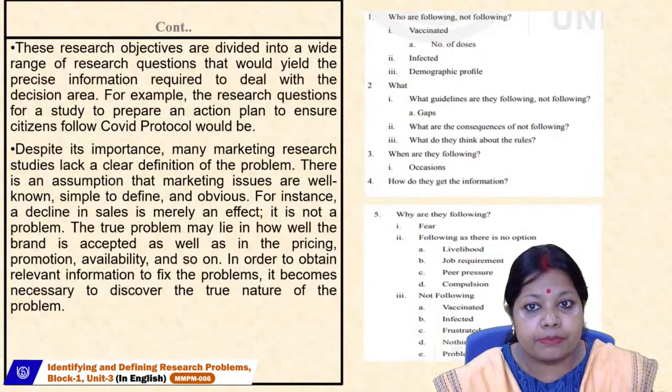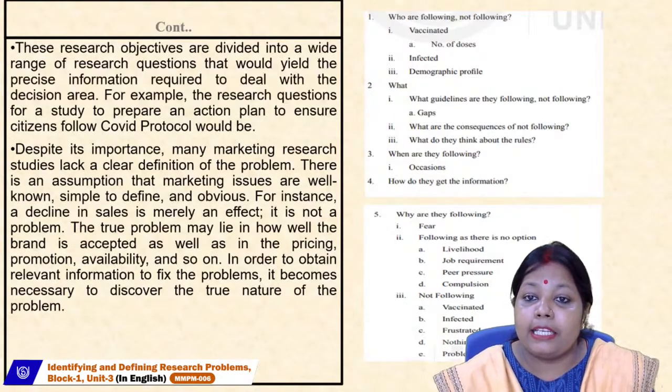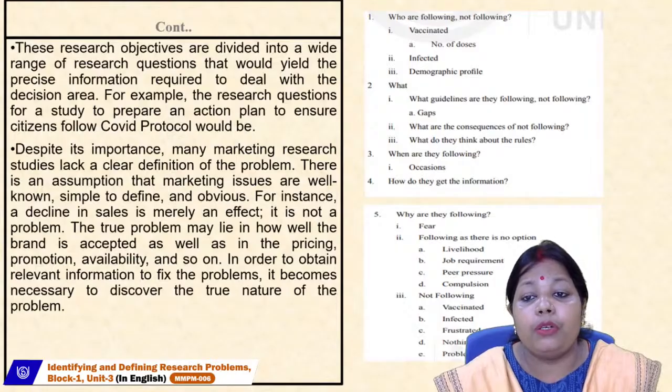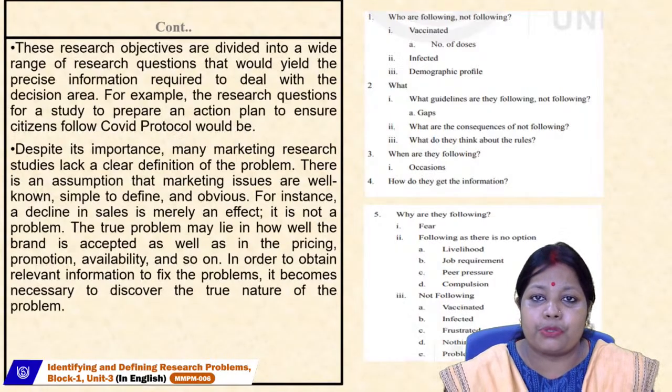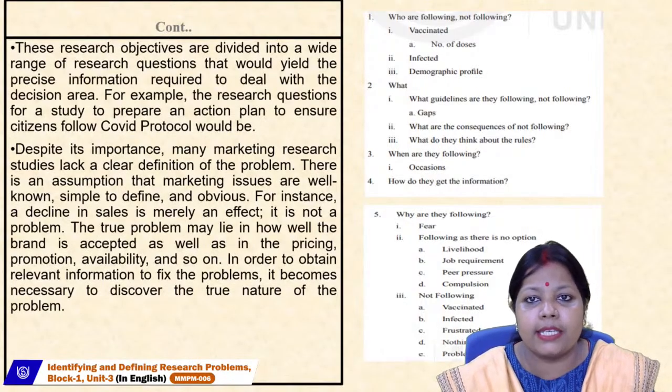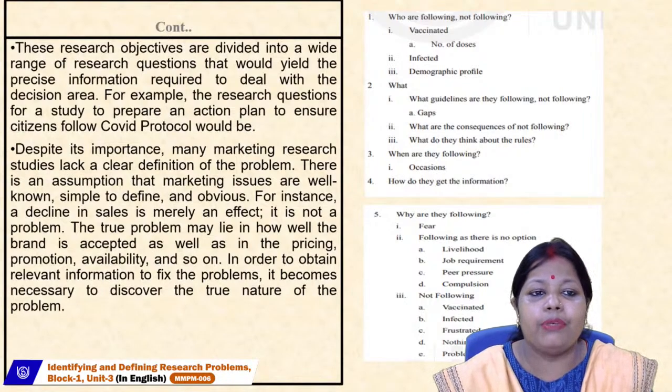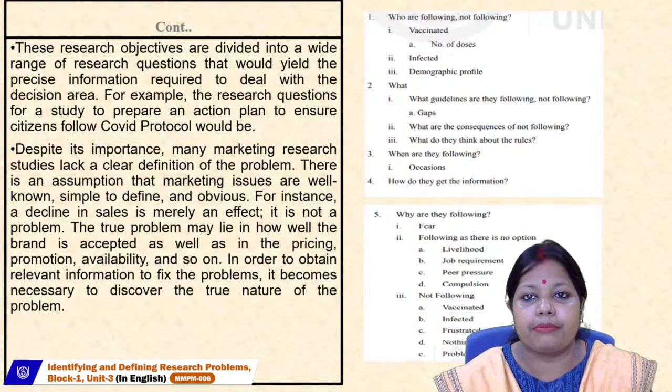Is there any gap? What are the consequences if they are not following? What do they think about the rules? If guidelines and rules are there, what are they thinking? So many questions we have to address and understand. Then only can we clearly define the research problem.